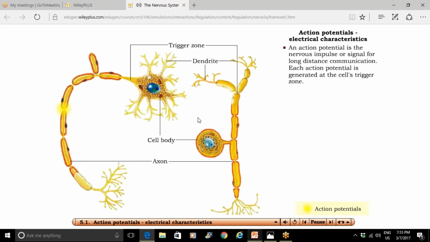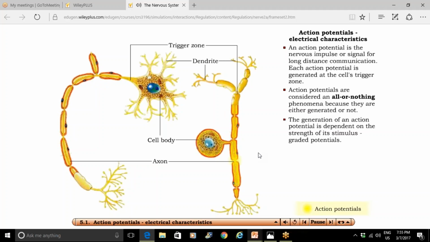Okay, so we can see in this picture, action potentials happen down the axon. They're called all or nothing because once that first voltage gated channel opens, or the domino effect starts, the rest are going to open up because all along the axon are voltage gated channels.